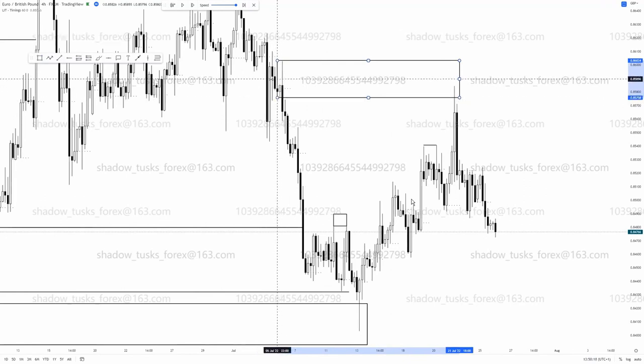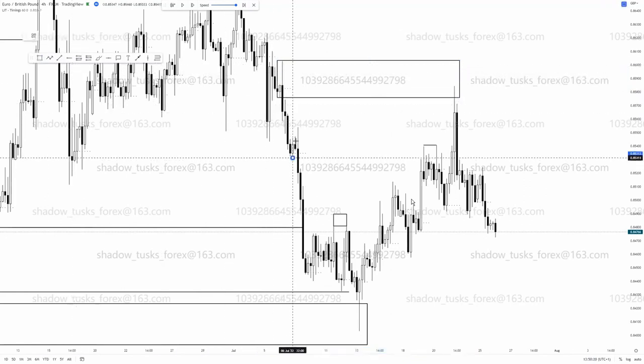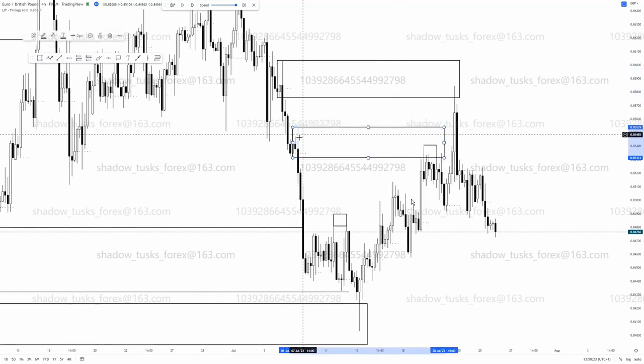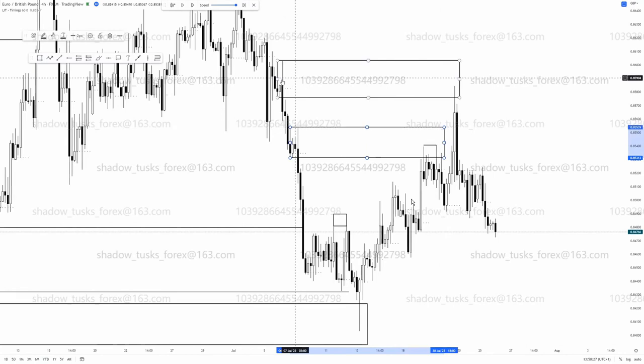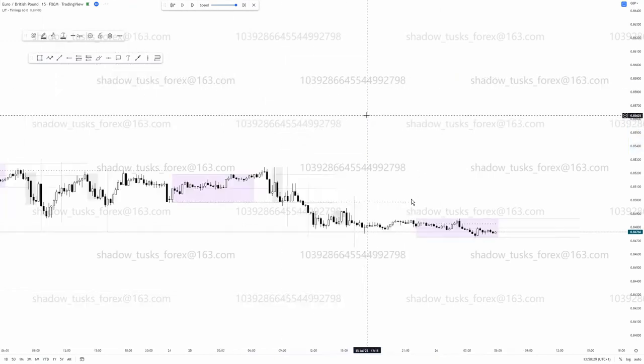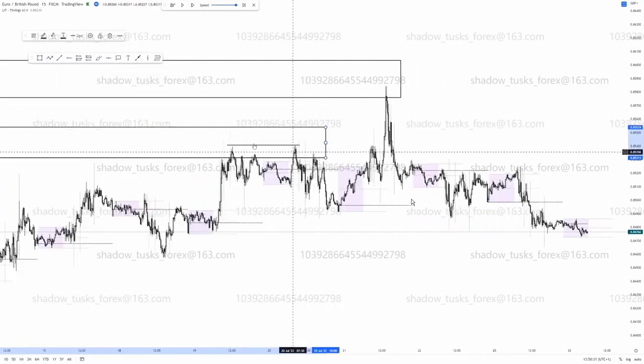Perfect. And this is the thing, you can have both of these zones marked up, but you don't just want to randomly pick one of them, like, oh yeah, it's this one here, or this one here. What you want to do is wait and let them show you what they're going to do.